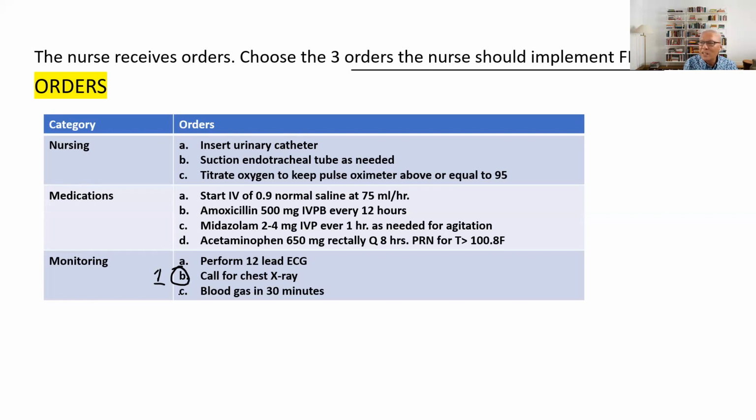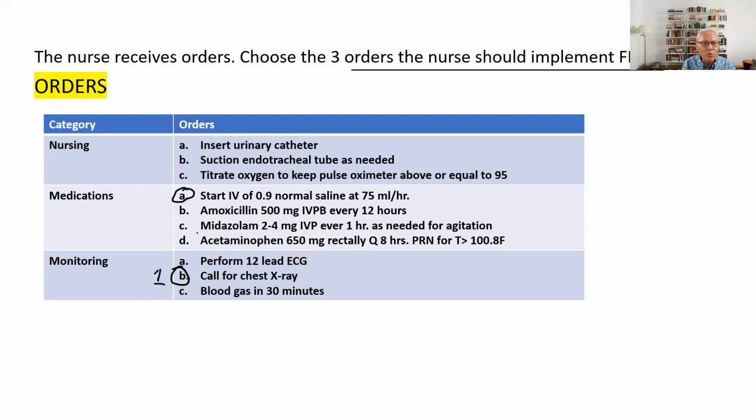Okay. And let's see. Rhiannon said we are going to do an ECG. I mean, an IV. Yeah, I agree. You need to give medications to this patient. What medication should you give to the patient? Why did they order this midazolam?